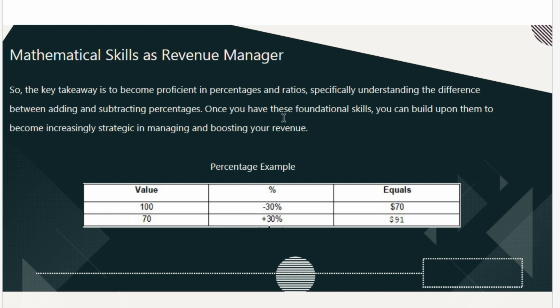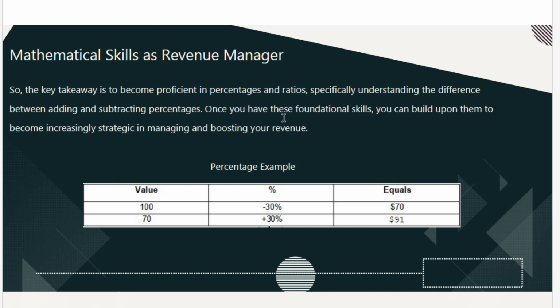When you subtract 30%, the amount you get is 70. So that amount, 70 after deducting 30%, if you add 30% on top of that 70, you'll get 91, which is obviously not the same as when you are subtracting.